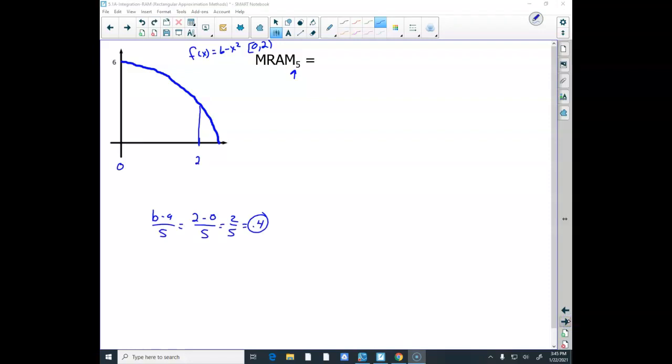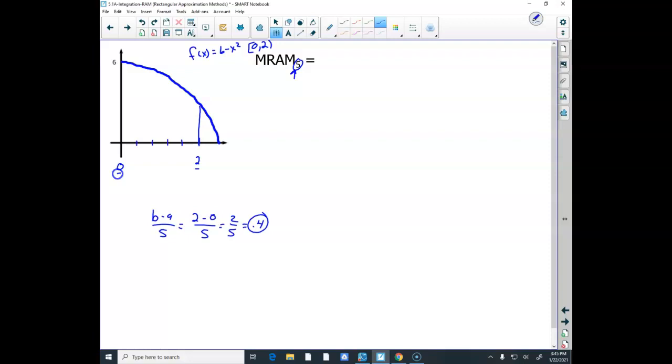Before I draw this whole thing, I know I'm doing between 0 and 2, and I know I'm doing 5 rectangles. I don't even need anything on my x-axis right away, because a lot of people get hung up on how to draw it. Just make 1, 2, 3, 4, 5 rectangles in there.